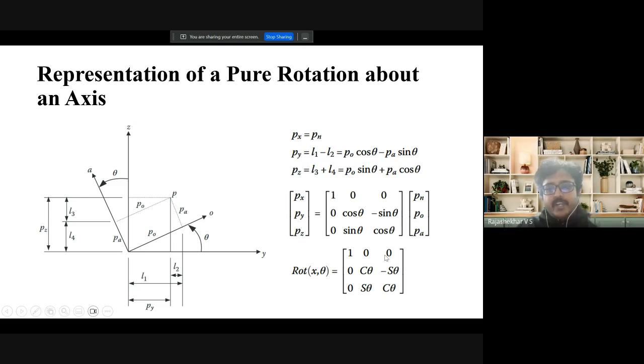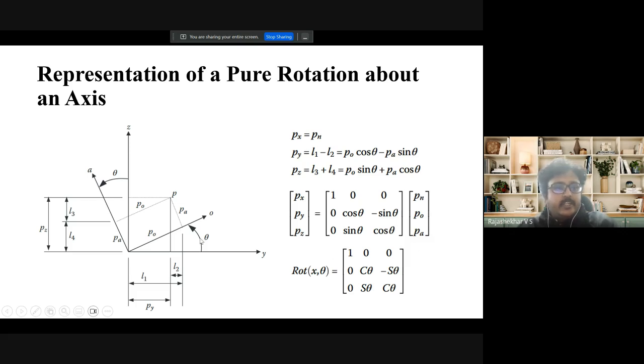So this you will find very commonly in textbooks. Rotation about x of angle theta is nothing but, since it is about the x-axis, this is 1, and this is how you get the cos theta, minus sin theta, and cos theta. So this is how it is converted into a matrix. So we see something in geometry, we convert it into an algebraic expression. That algebra is converted into matrices, and the matrix visualization is seen over here.